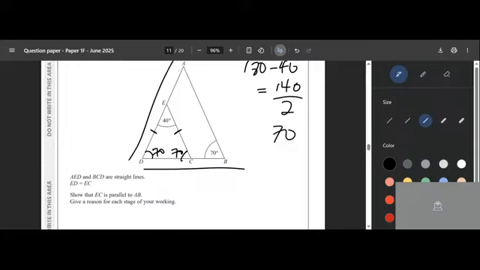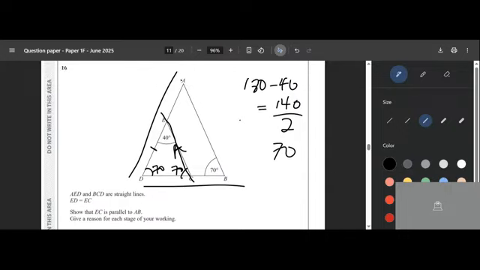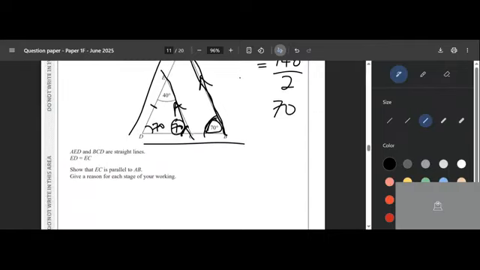So show that they are parallel. EC, this line here, is parallel to AB. And you know the property that for parallel lines, the corresponding angles have to be equal. Is that true? Here should be 70 and there should be 70, which we can confirm that they are both 70.